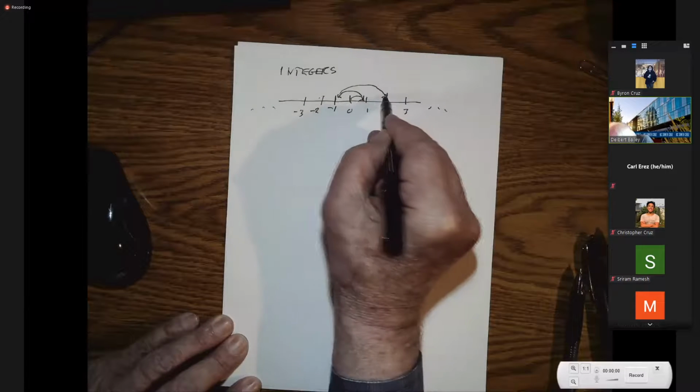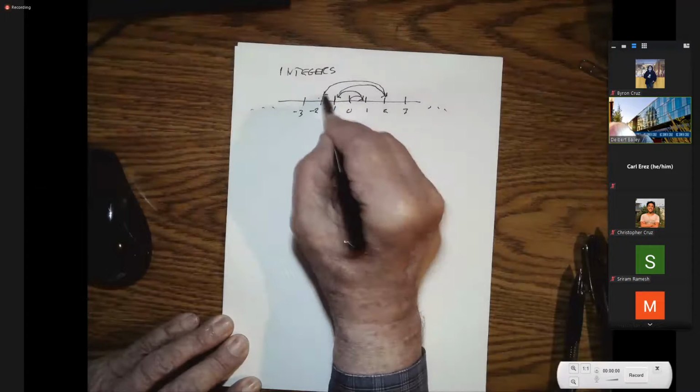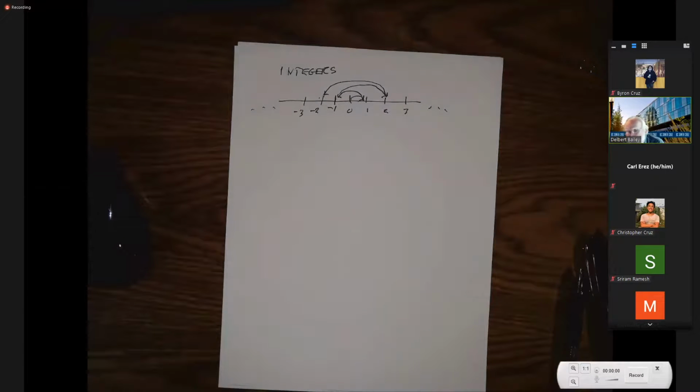So does everybody feel comfortable that we've got a way to generate a list of all of the integers? Okay, so we've got the natural numbers, we've got the integers, we've got the fractions. What's the next thing we might think about?